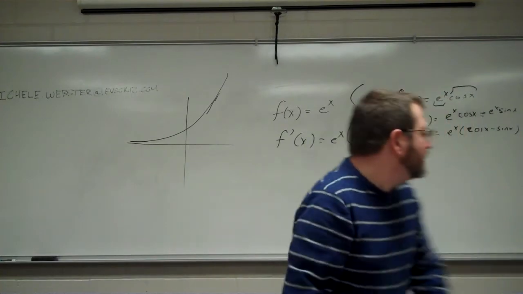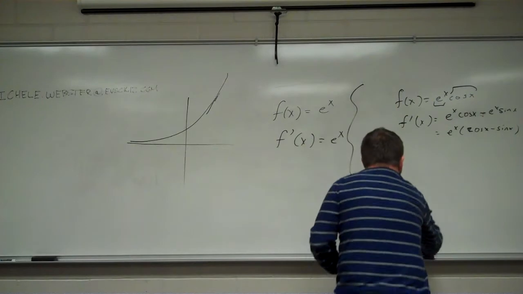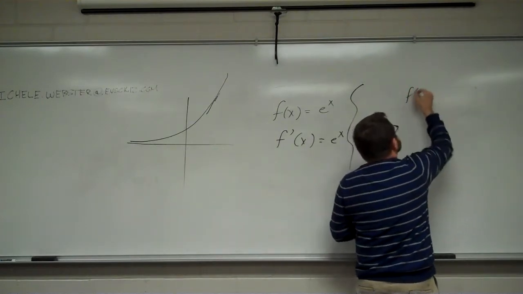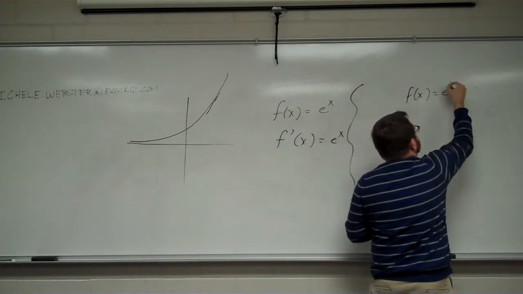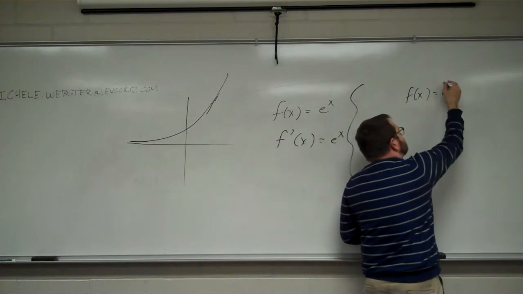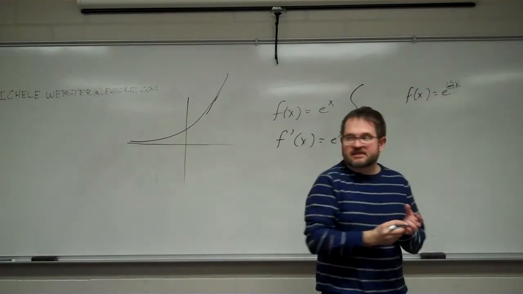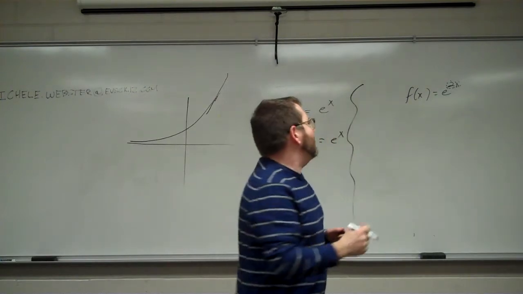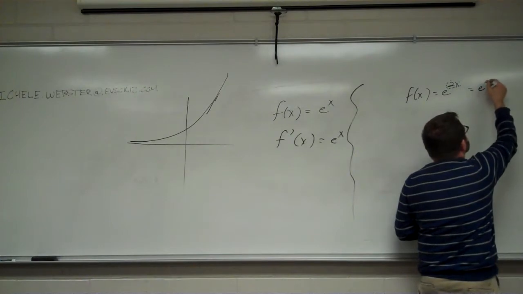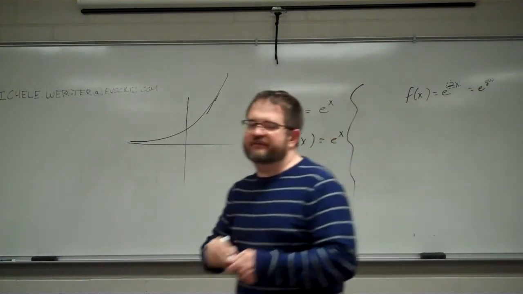For example, what if f of x equals e to the 2x? What I want you to notice is it's not e to the x, it's e to something that depends on x, some function of x. Let's make this more general. Let's say e to the g of x. It's e to some function of x.